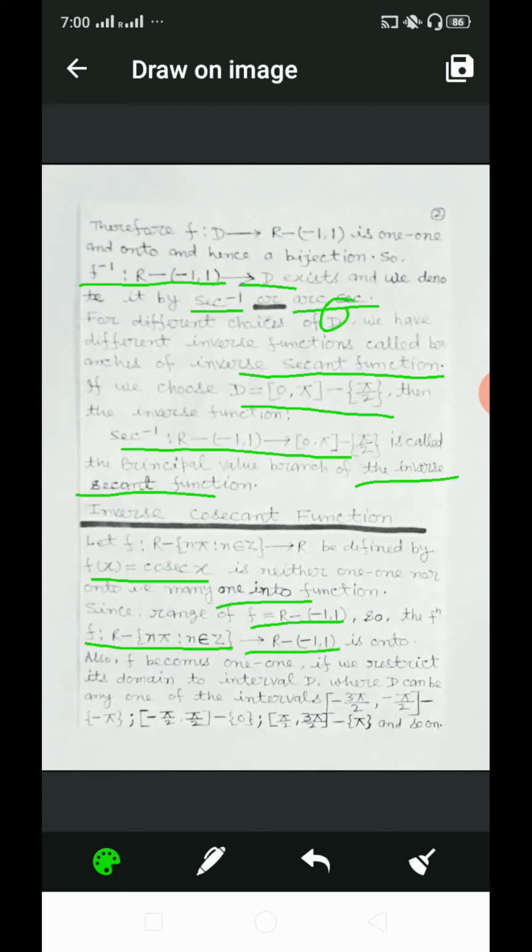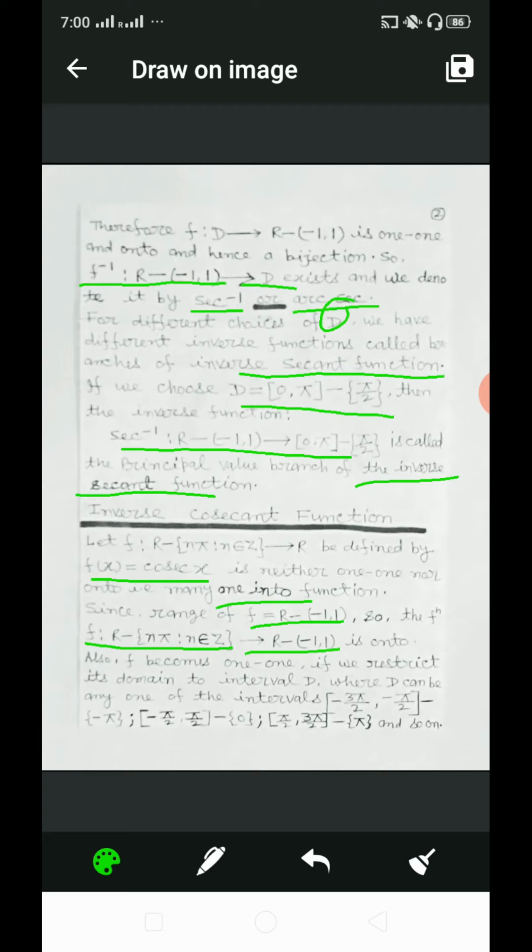Dear students, here the domain of the cosecant function is R minus nπ. If we take n equal to 0, you will get 0. If we take n equal to 1, we get π. If we take n equal to -1, we get -π.